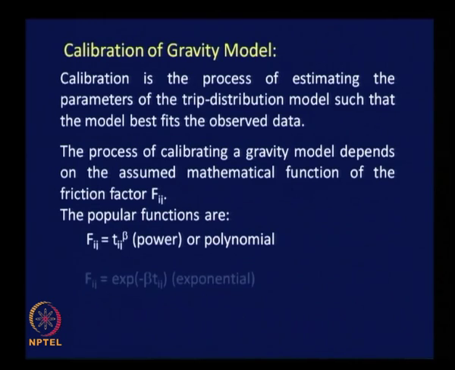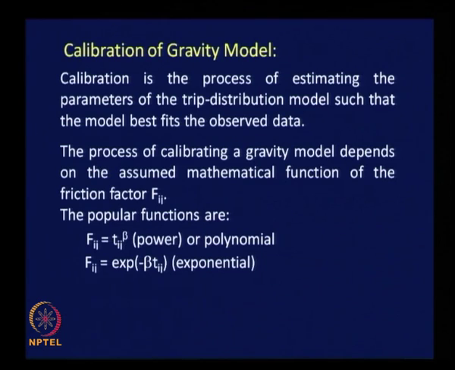Fij can also be expressed in negative exponential form, e power minus beta times Tij. Also we can express Fij using two parameters, Tij raised to power alpha and then e power minus beta times Tij.